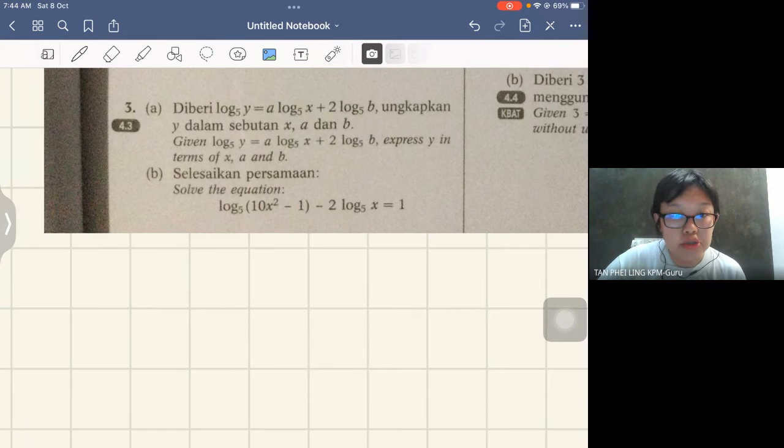Question 3. Has anyone tried to solve question 3 already? No, nobody. Okay, so as I mentioned, here we try to solve this question.